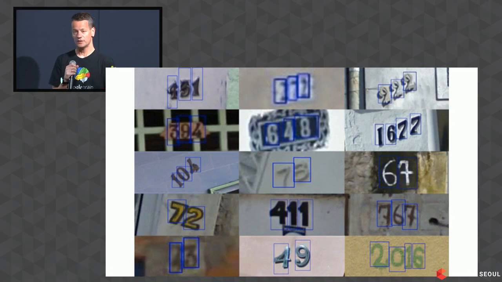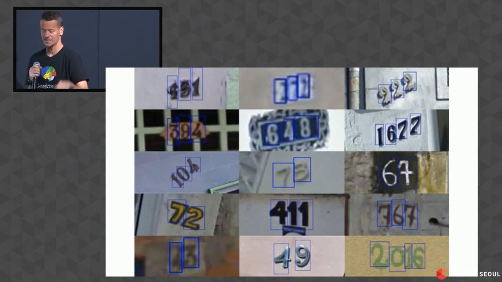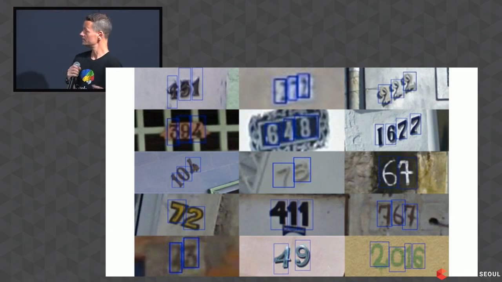And then we look through the videos, find the house numbers in the videos, and that is what these pictures are. Then we find the digits themselves, make a little box around each digit. And then after we have done that, we classify each digit to find the house number. And because the original Google Street View has a GPS system, we know exactly where it was on the map. And then we can put this number on the map, and we know, for example, number 64 is exactly right here. And this is very useful.